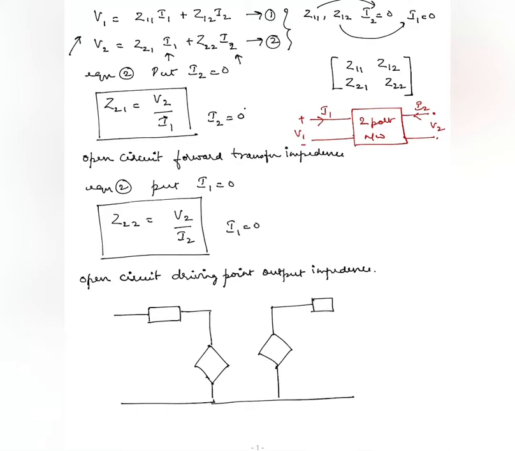And you'll have an impedance here. Now as usual, by our convention, the voltage here is plus to minus, that is V1, and the current flowing in is I1. The current flowing from the output into the terminal is I2, and this is the voltage V2.